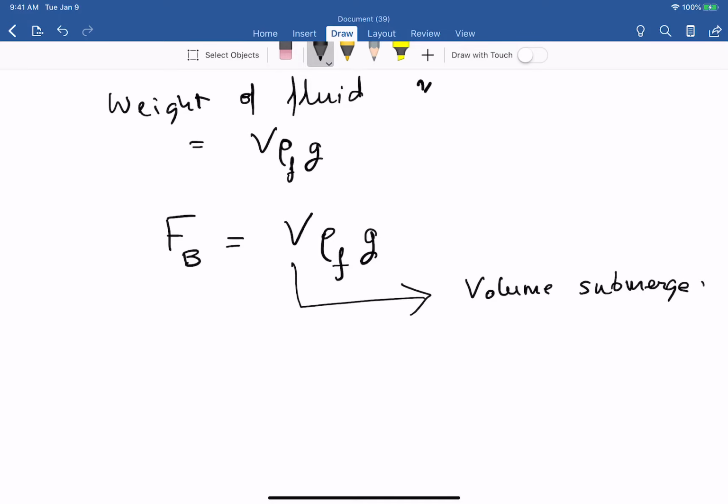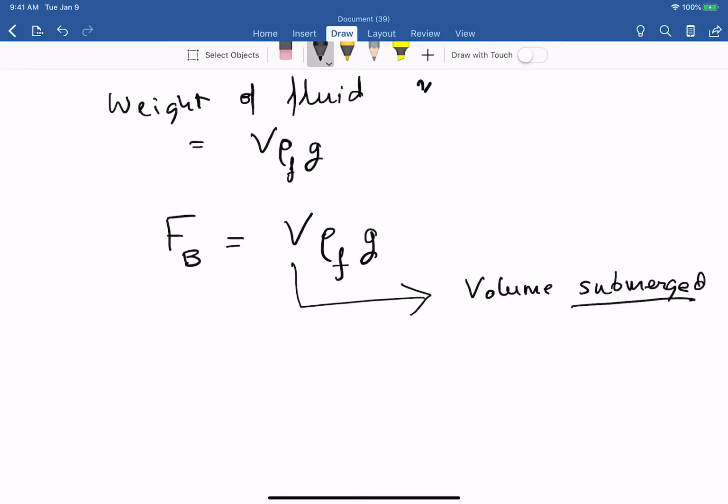So if the entire object is submerged, then it would be equal to the volume of the object. But suppose the object is a ping pong ball that's floating in the water, then only a small part of the object is underwater. So in that case, you would just use the volume of the object that's submerged, right? So that's V in this formula.